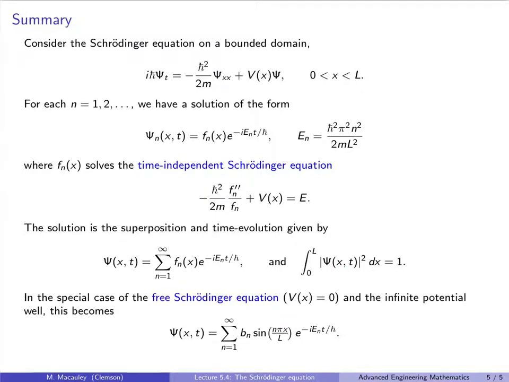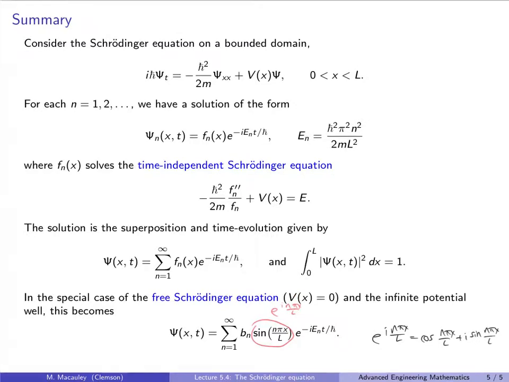I should say that sometimes you might see this because of Euler's equation, e to the i n pi x over L is equal to cosine of n pi x over L plus i sine of n pi x over L. Some books will write this solution, instead of using a sine here, if you relax the boundary conditions, as e to the i n pi x over L, which is not what we had here.